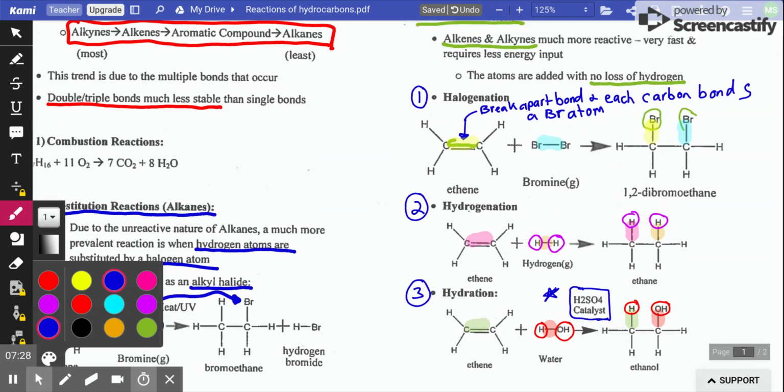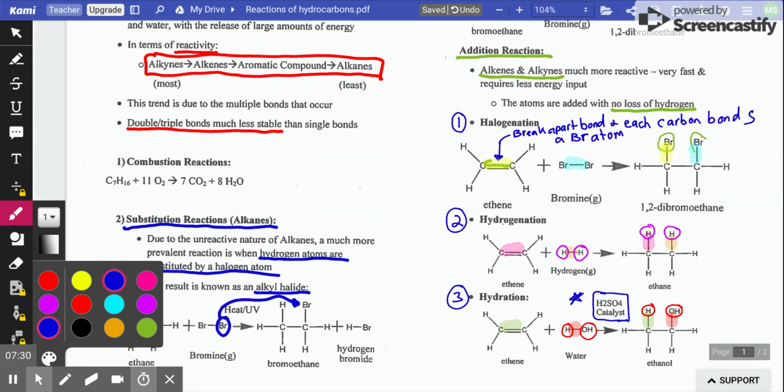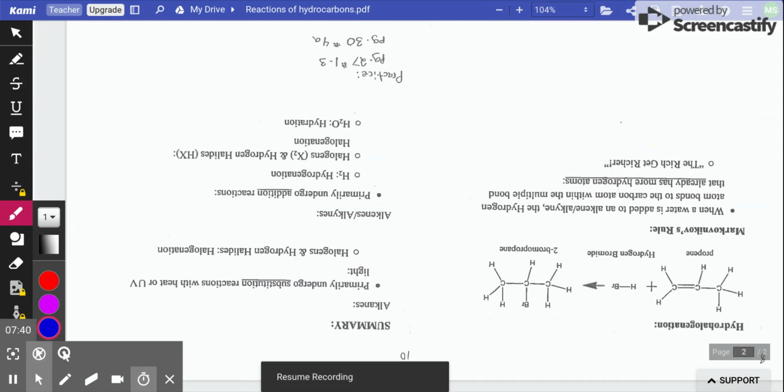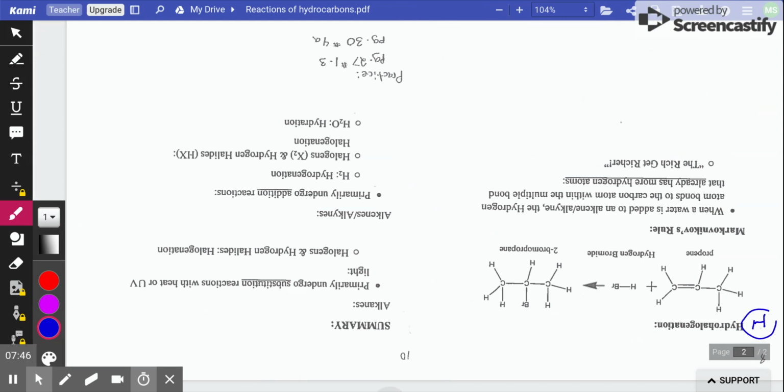So when we're dealing with an addition reaction, all we're doing is breaking apart a double or triple bond and adding atoms to the carbon atoms that were double bonded together. So the fourth type of addition reaction is on the back of your page, and on my page, it's upside down. It's called hydrohalogenation, and it's exactly the same thing.